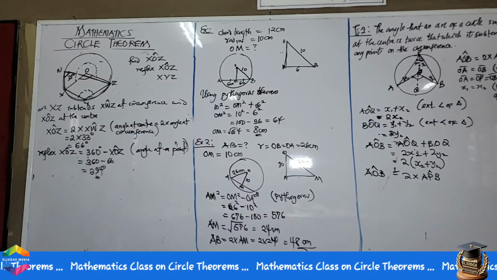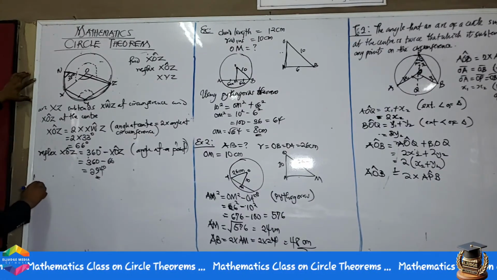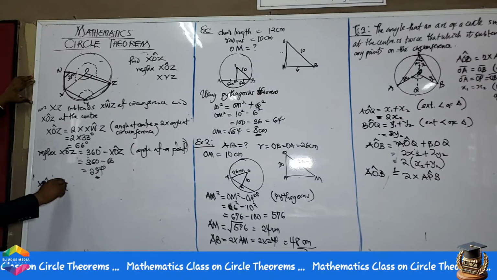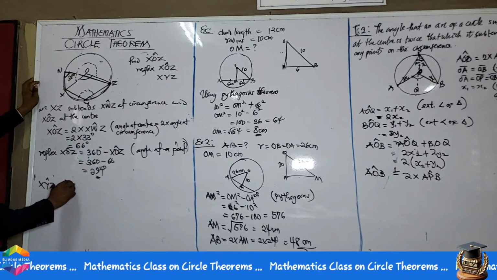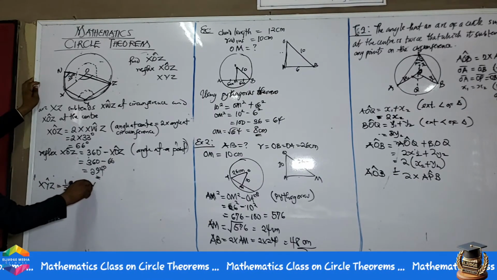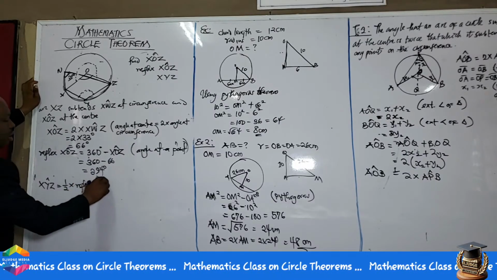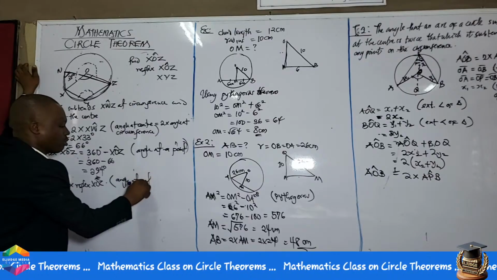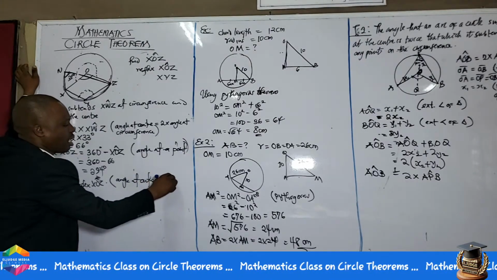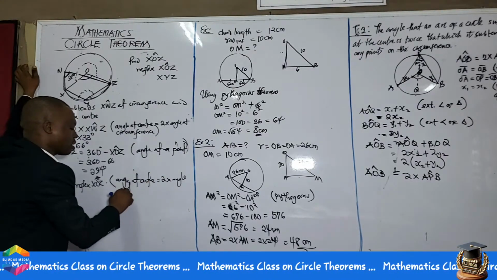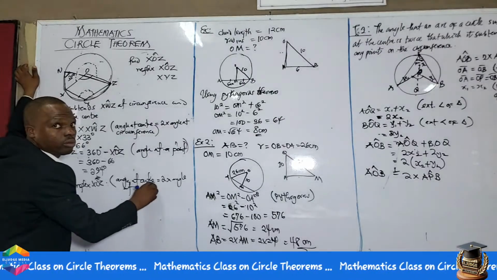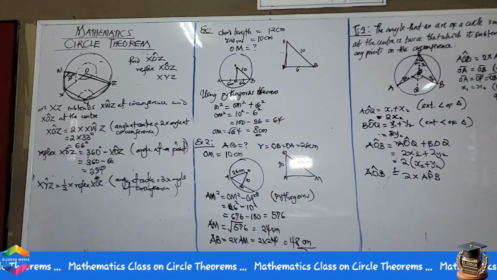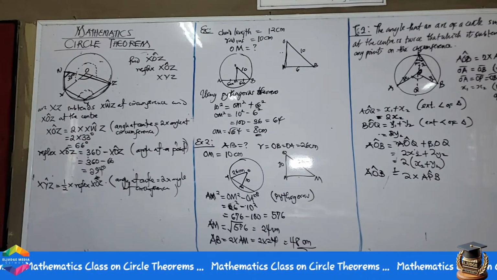So in that case, XYZ equals half of reflex XOZ. The reason is angle at center equals 2 times angle at circumference. So these are how to solve questions of this type.